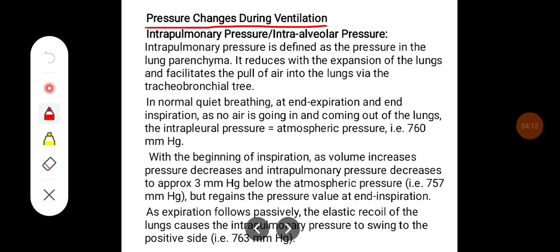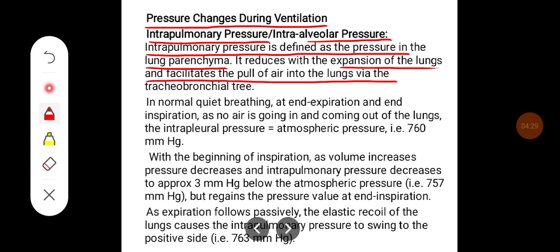Pressure changes during ventilation. The intrapulmonary pressure and intraalveolar pressures. Intrapulmonary pressure is defined as the pressure in the lung parenchyma. It reduces with expansion of the lungs and facilitates the pull of air into the lungs via tracheobronchial tree.